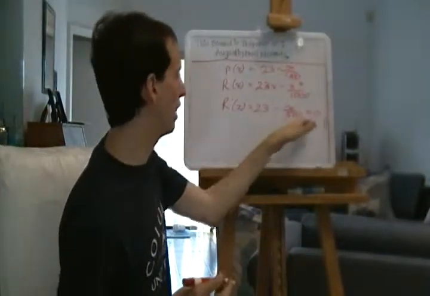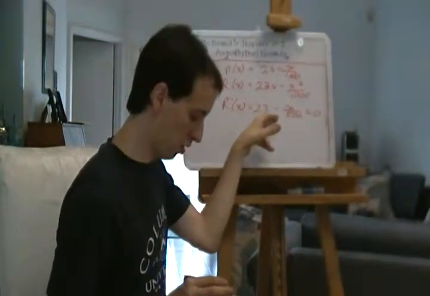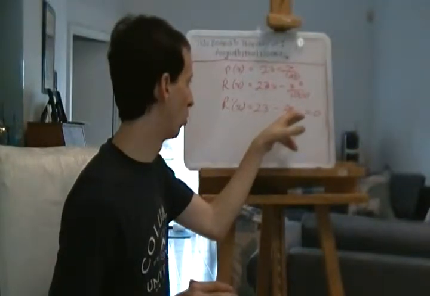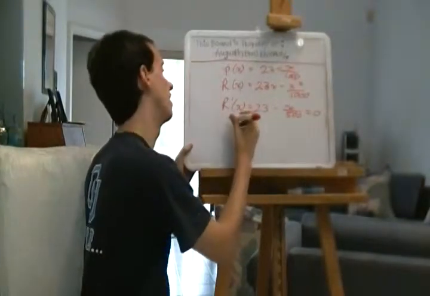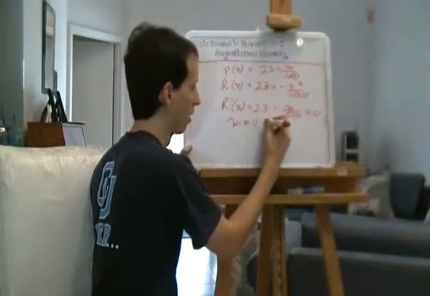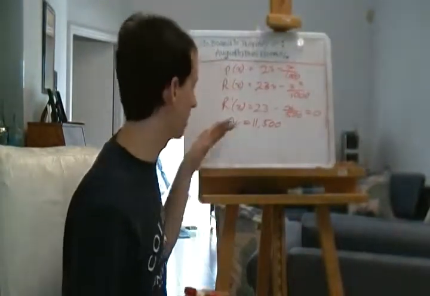And you can figure out very easily that X over 500 equals 23. And you can just multiply that through, and you can find that X is going to equal 11,500. Okay, so we have X equals 11,500.